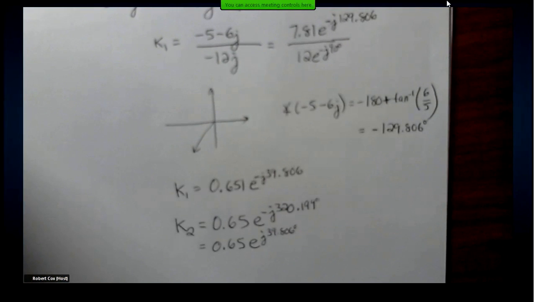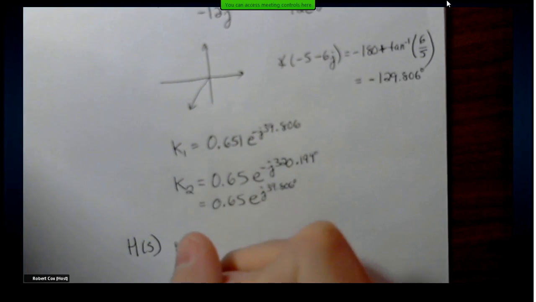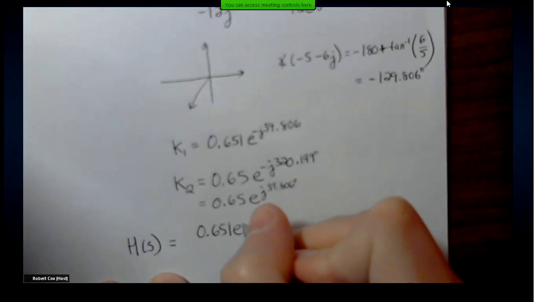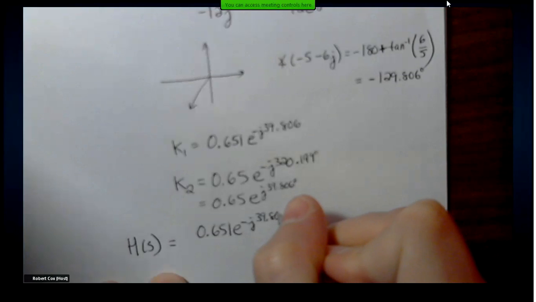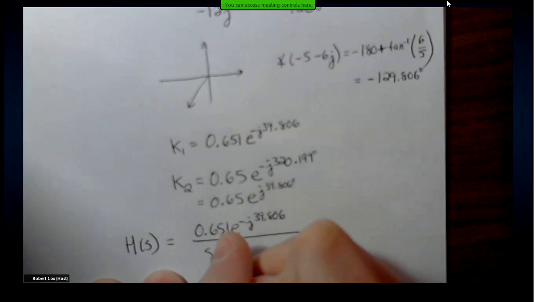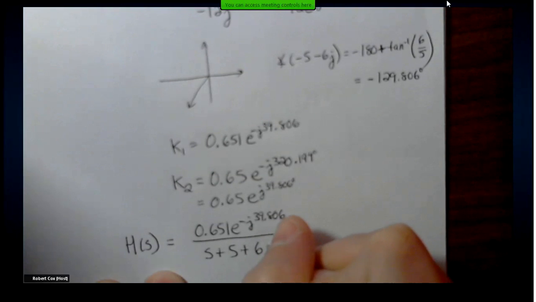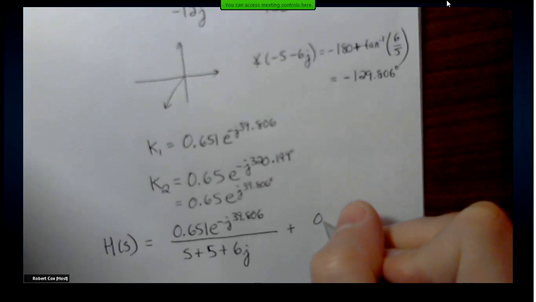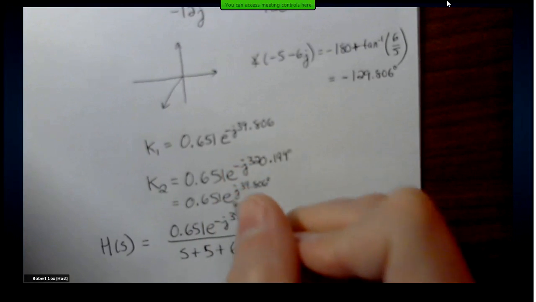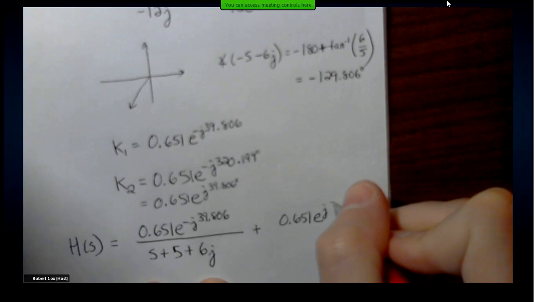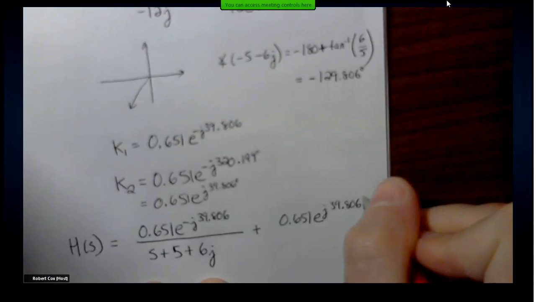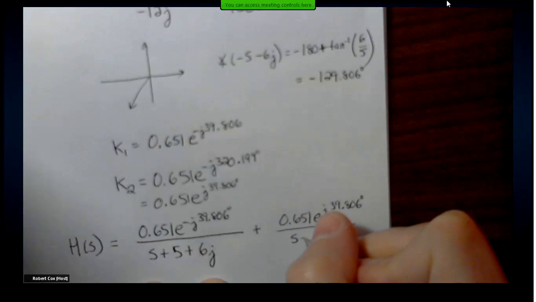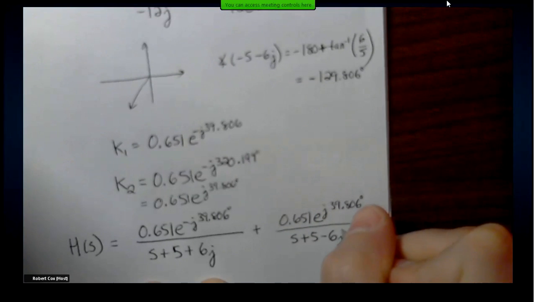All right, so back to our original story. That meant that our h of s becomes, with these values, K1, which is 0.651, e to the minus j 39.806, divided by s plus 5 plus 6j, like that, okay, plus 0.651 e to the j 39.806 degrees over s plus 5 minus 6j, like that.